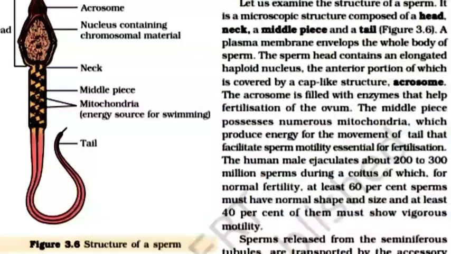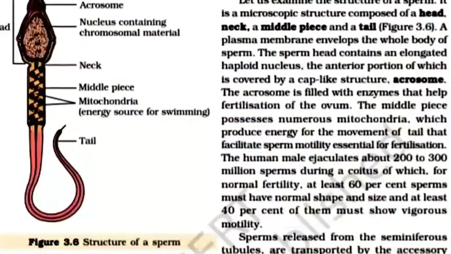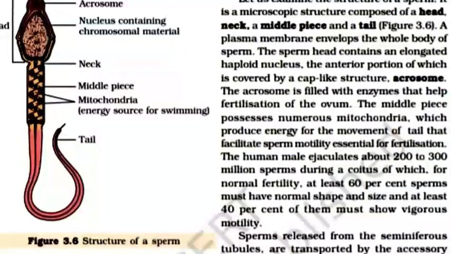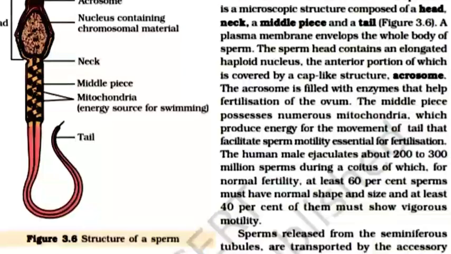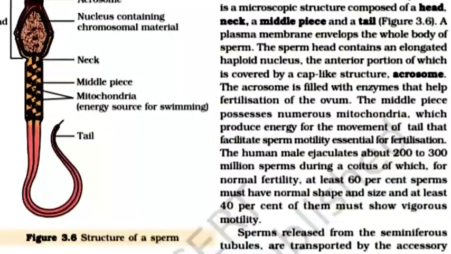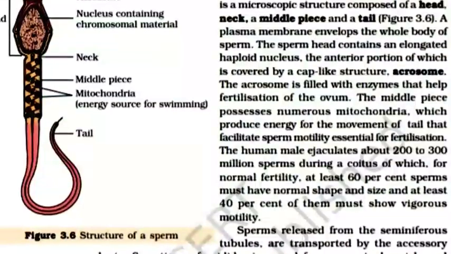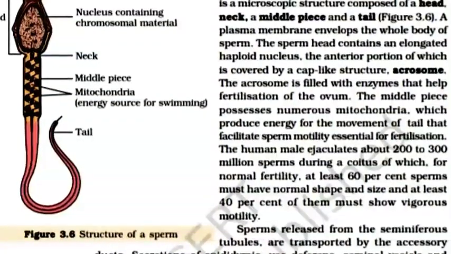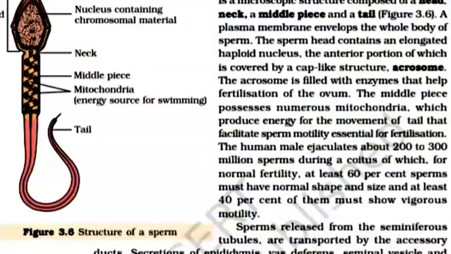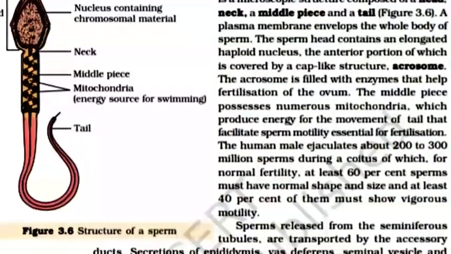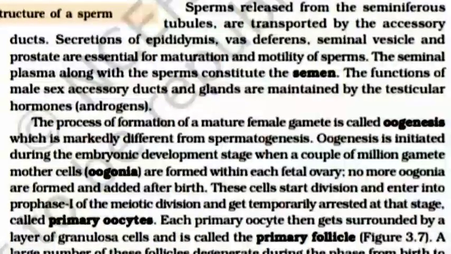The human male ejaculates about 200 to 300 million sperm during a coitus, of which for normal fertility at least 60% sperm must have normal shape and size, and at least 40% of them must show vigorous motility. Sperm released from the seminiferous tubules are transported by the accessory duct.